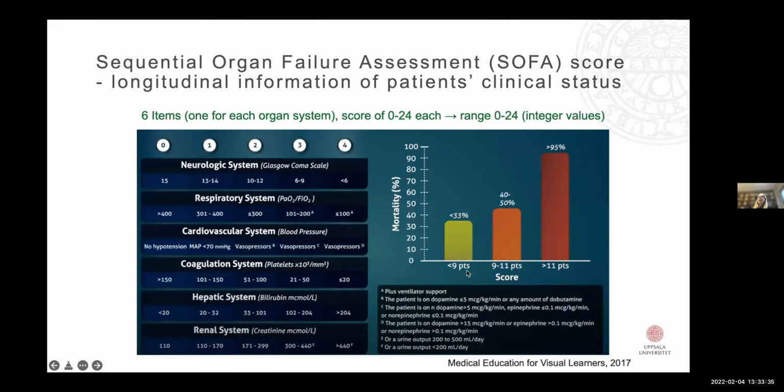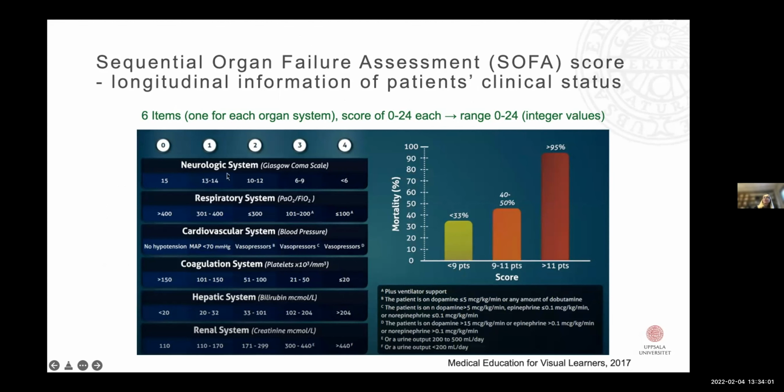So now returning to this SOFA score that I have touched upon before, it's something that could provide longitudinal information, so information over time in a patient about the disease status. The score has 6 different items, so it's 1 for each organ system.